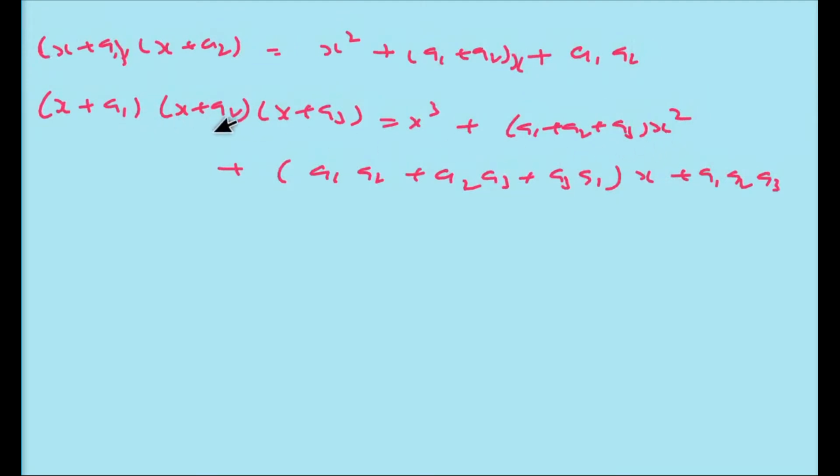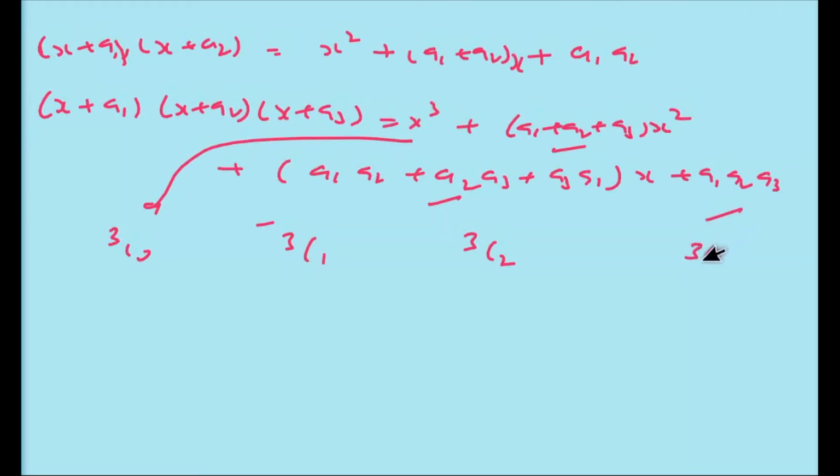So in a1 a2 a3 we have selected 0 factors here, and we have selected 1, then 2, and we have selected 3. So we can understand this: we have 3C0, and from here we can write 3C1, and from here 3C2, and from here 3C3.